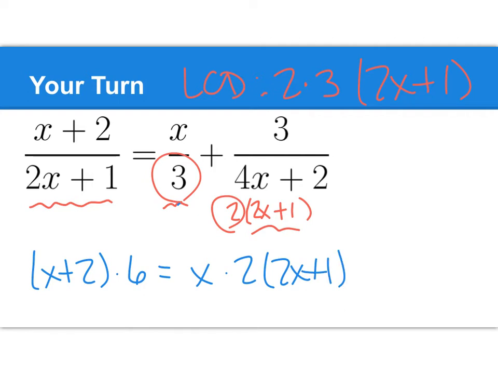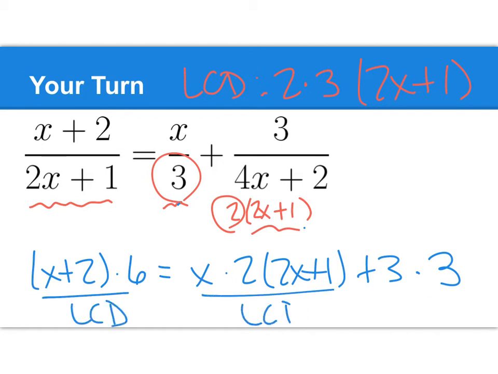And then over here we have 3. The denominator has a 2 in it. It has a 2x plus 1 in it, but it's missing another 3. And it should go without saying that these all are over the least common denominator that we are ignoring for the moment.